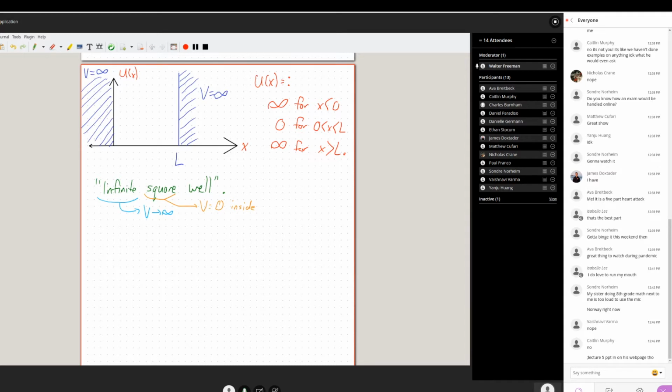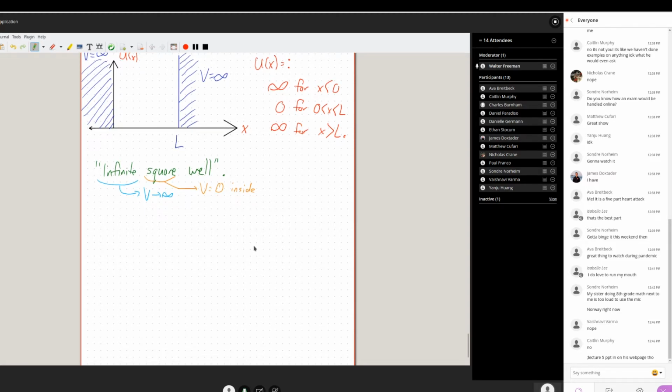Okay, so remember the Schrodinger equation that we have is minus h bar squared over 2m times the second derivative of psi plus the potential term equals a term over on the right that we identified as the energy times psi.